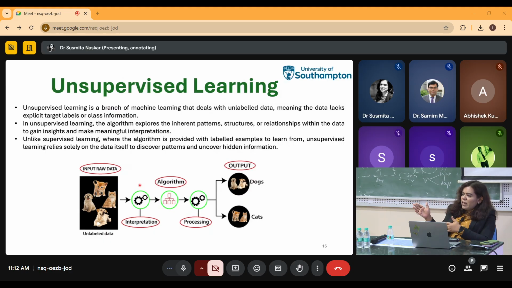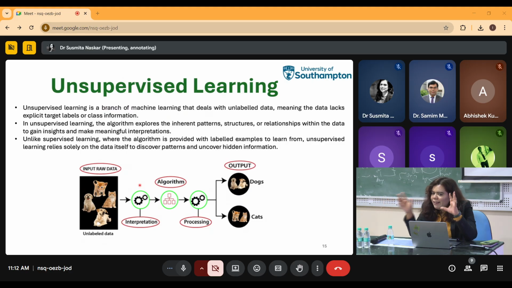Whereas in unsupervised learning, you have dog details, you have cat details. The model doesn't understand that this is what dogs look like. It will differentiate those two and say that this information looks exactly in this pattern and this information looks exactly in this pattern. And then you understand, okay fine, this looks like a dog pattern and this is some other kind of animal, right? During the training. So that's what we generally do in unsupervised learning.